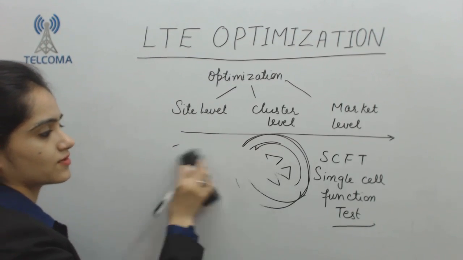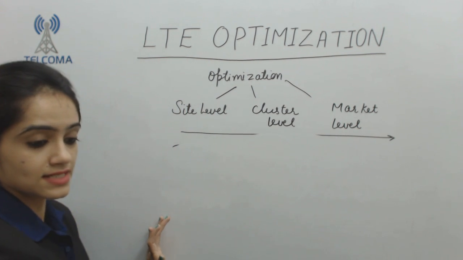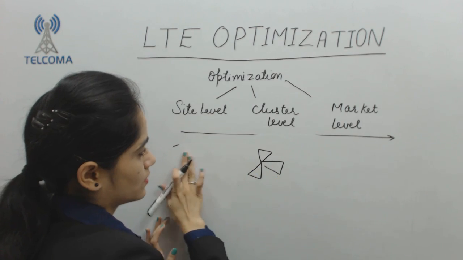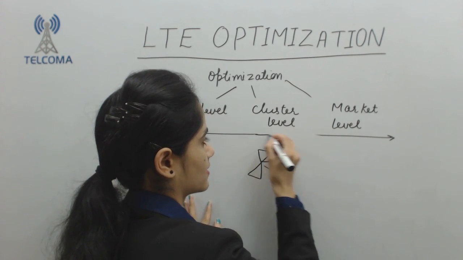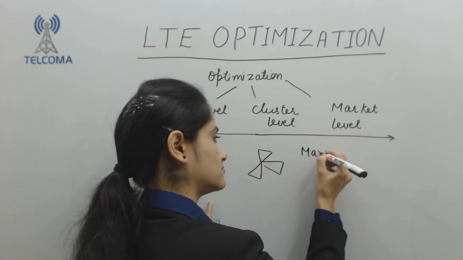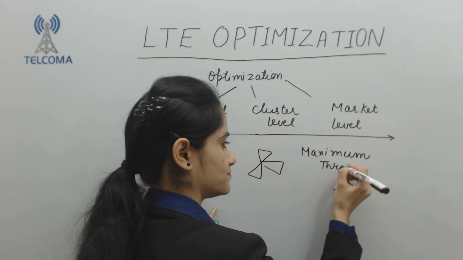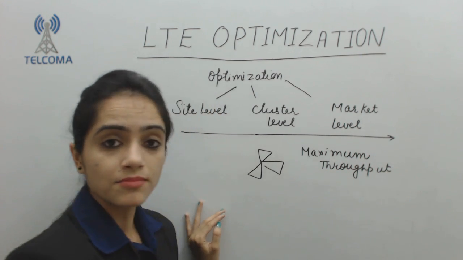Whenever we are performing a single cell function test, or single site level optimization, we have to find out the maximum throughput, or maximum data rate.